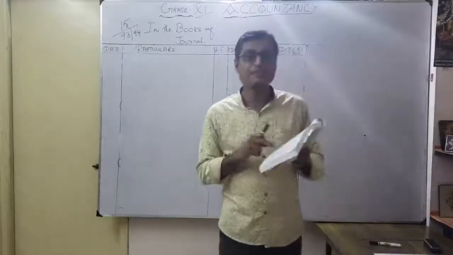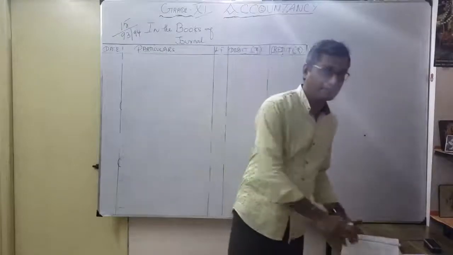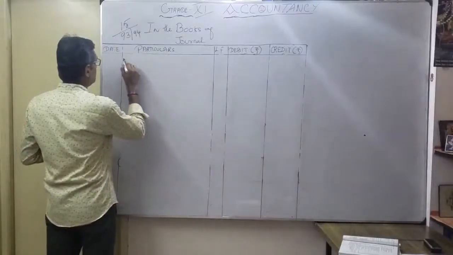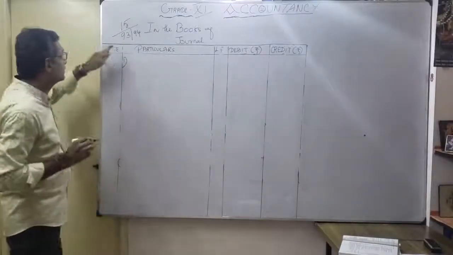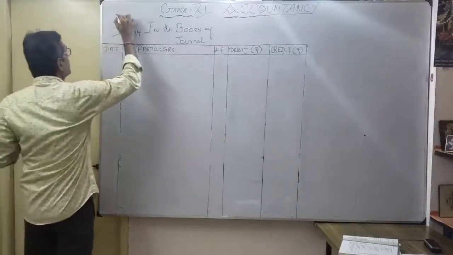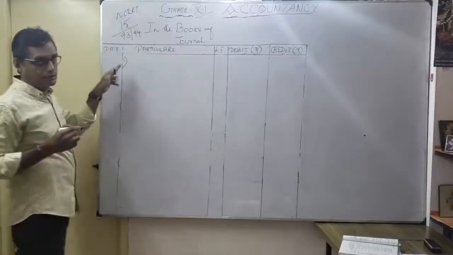Very interesting transaction here. Cash paid for installation of machine. How much? 500. So what do you have to write? You can write machine account first. Here also no date. You have to mention always question number 15, page number 93, NCERT book. Our journal entry 1.